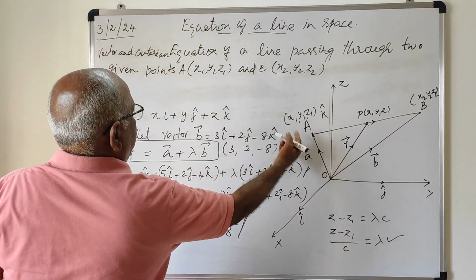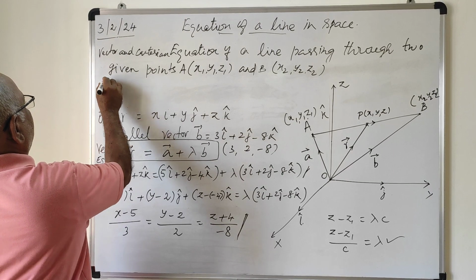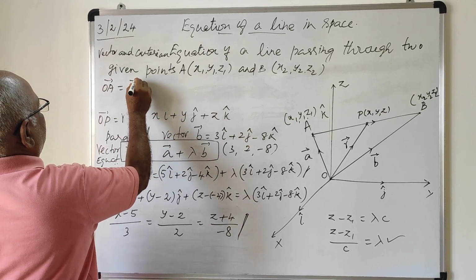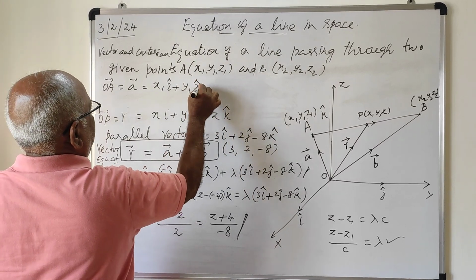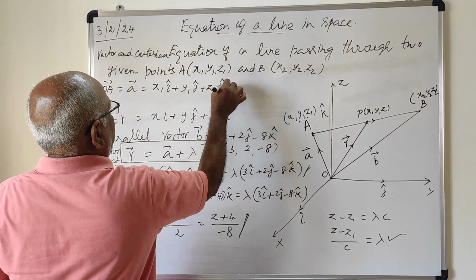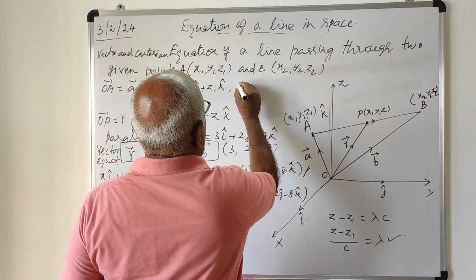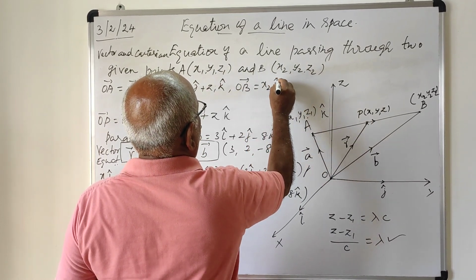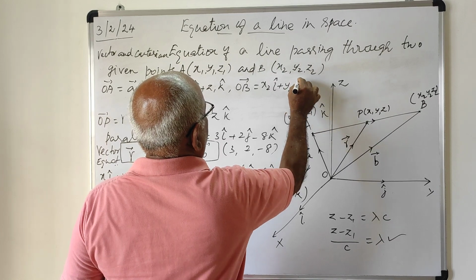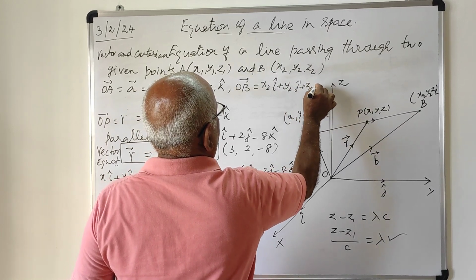The position vector of the point A, OA vector, is A vector, which is given by x1i plus y1j plus z1k. The position vector of the point B, OB vector, is x2i plus y2j plus z2k.